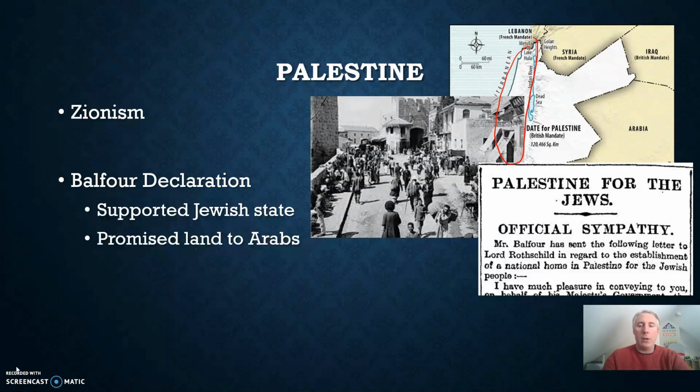So here you're seeing the article, Palestine for the Jews, official sympathy. So it kind of made a promise to the Jews that, yeah, we'll create a Jewish state for you, but it also promised land to Arabs. It specifically said that nothing shall be done to displace any existing non-Jewish communities. That means the Arab, Muslim Palestinians. So Arabs understandably interpreted this as Britain telling them that they will get the land when the British leave. It really was setting it up for some serious, serious problems.